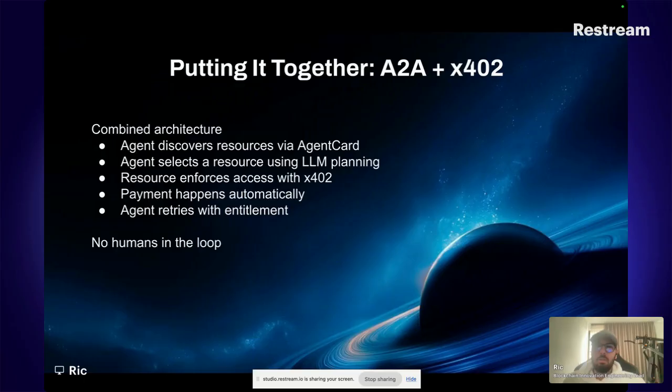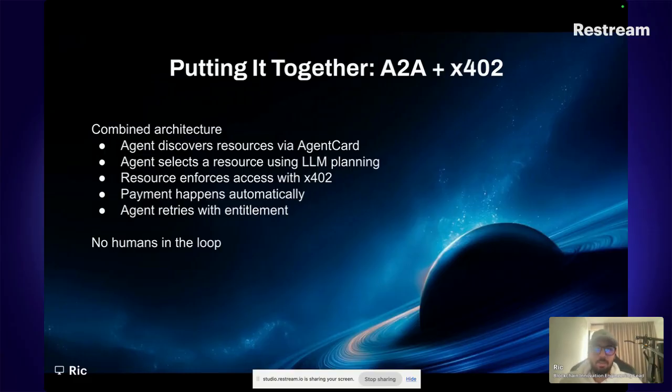If you want to put it together, think of A2A and x402 as an architecture that allows an agent to discover resources via the agent card, the JSON object that I just mentioned above. Essentially, it allows the agent to select resources using LLM planning, and it enforces them to access with the x402 protocol.